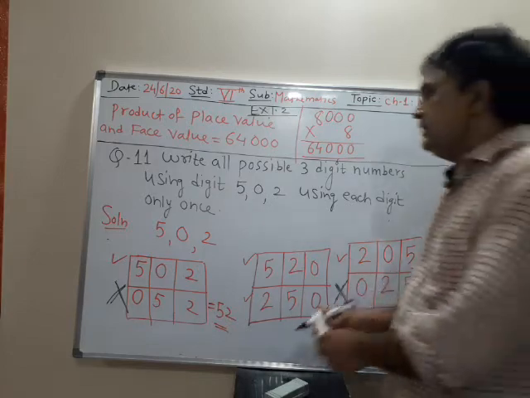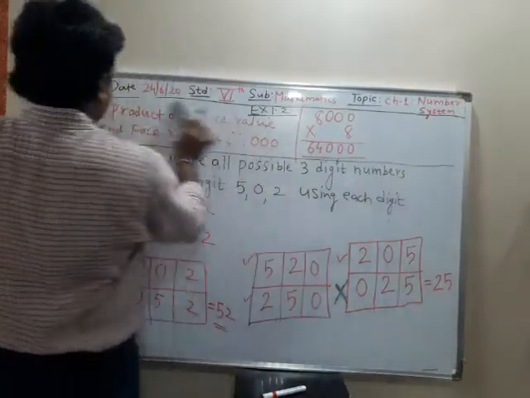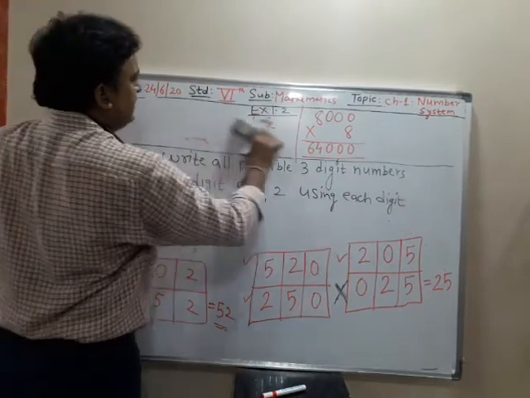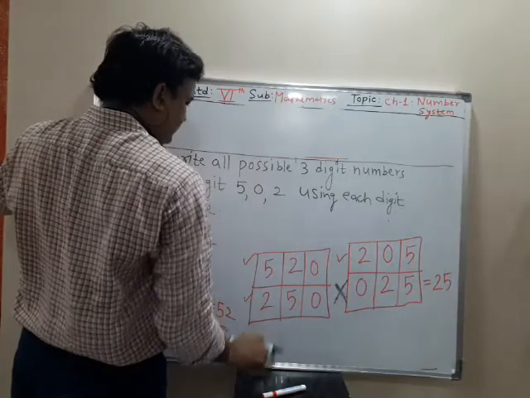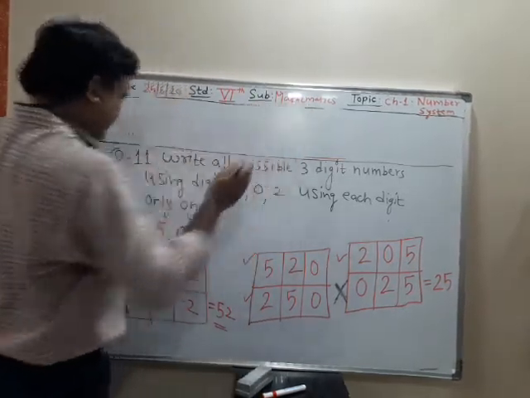So which numbers are there? All possible 3-digit numbers using the digits only once.